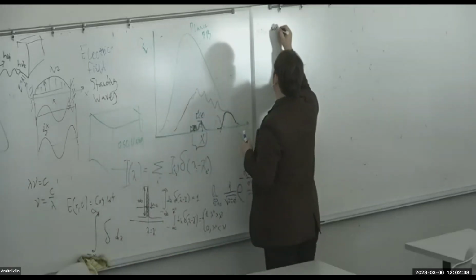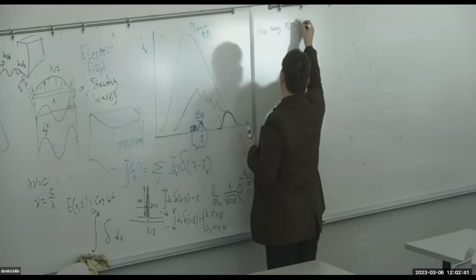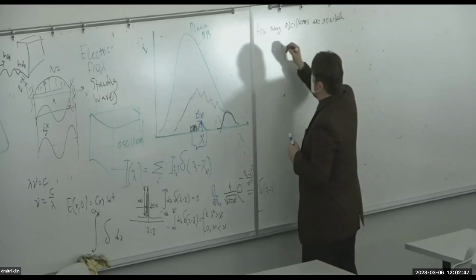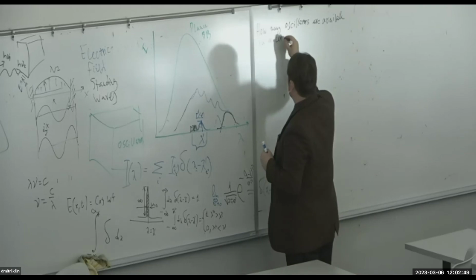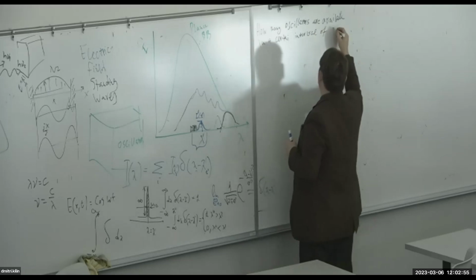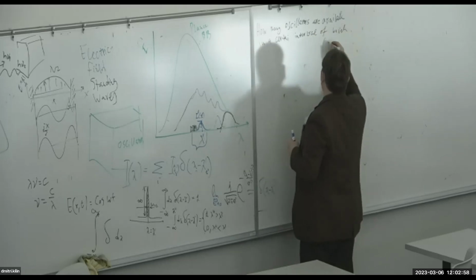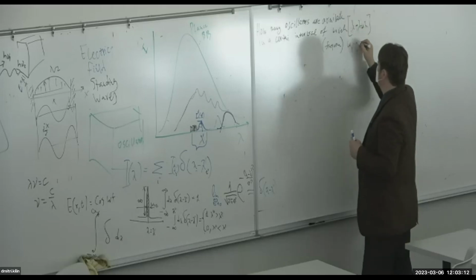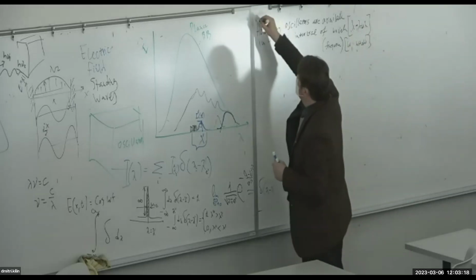How many oscillators are available in a certain interval of wavelengths or frequencies, like from lambda to lambda plus delta lambda, or frequencies from omega to omega plus delta omega. So it's question number 1.